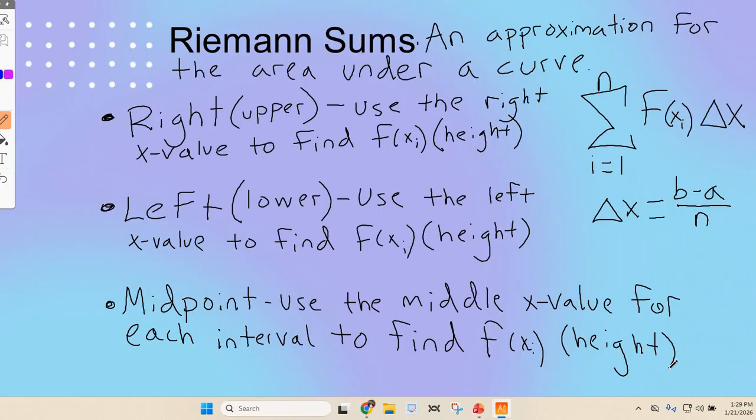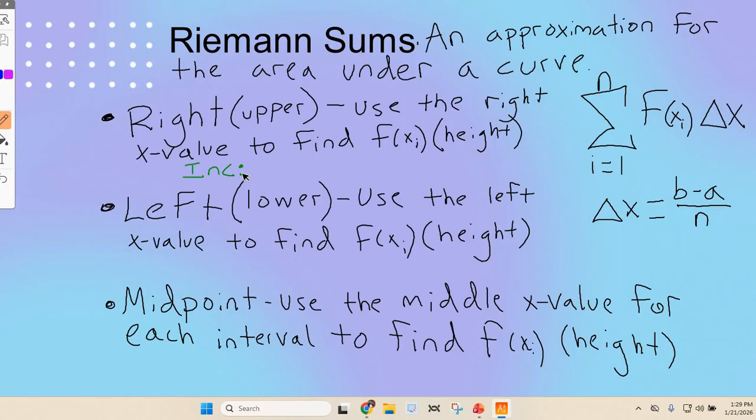Yes, no, maybe. Now, the only other part to these is, let's think about yesterday, what type of graph did we have? Increasing. It was x squared, which was increasing, yes? Okay. So when it was increasing, our right was an over approximation.